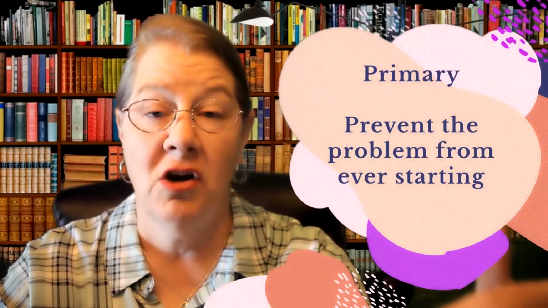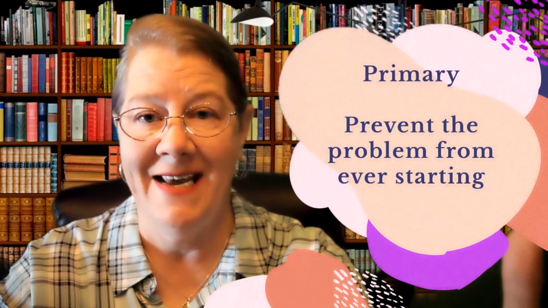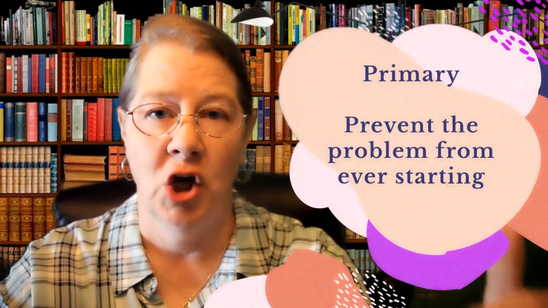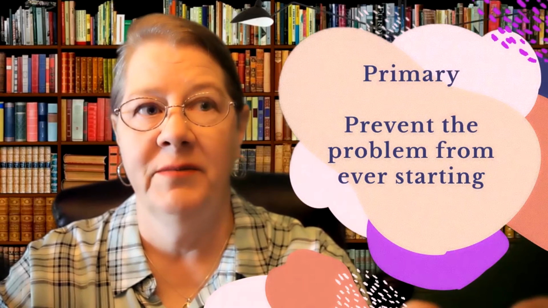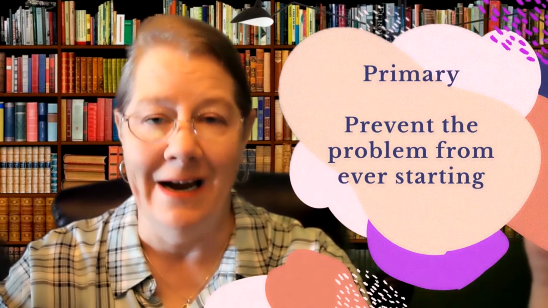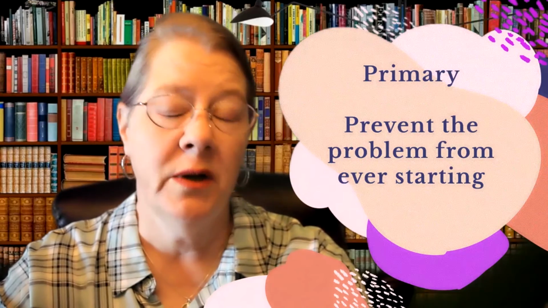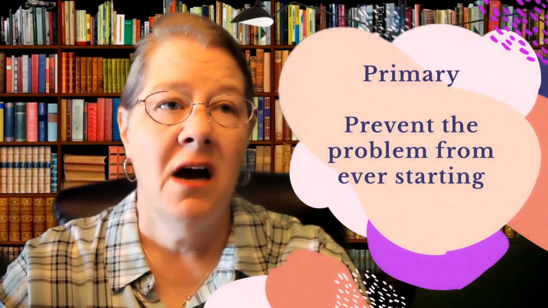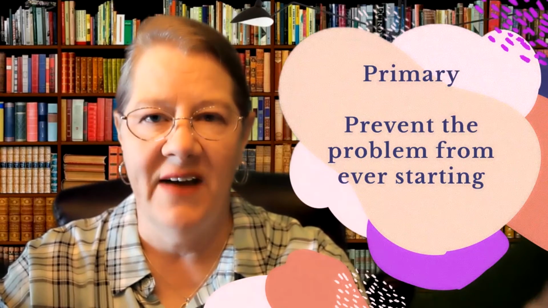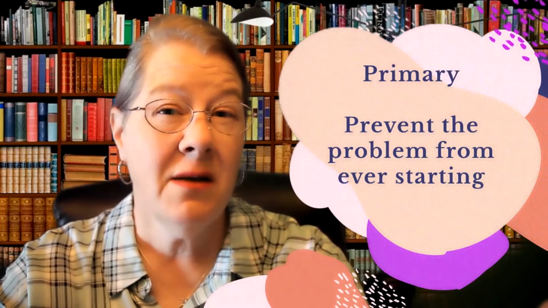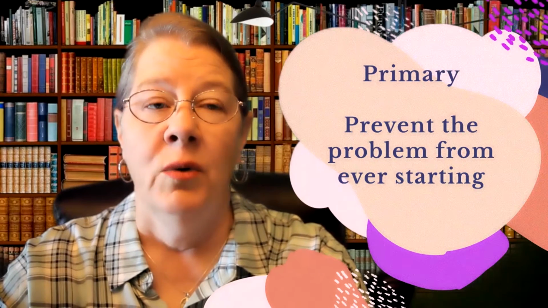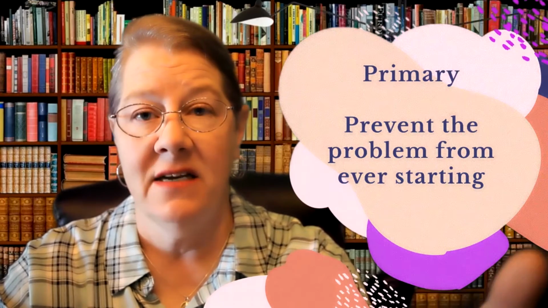At the moment, the COVID vaccines do not prevent anybody from getting COVID. It prevents you from getting it super severe and dying. So there's different types of vaccines, and it's important to understand what the goal of that vaccine is. For example, chickenpox. We want to prevent anybody from getting chickenpox.